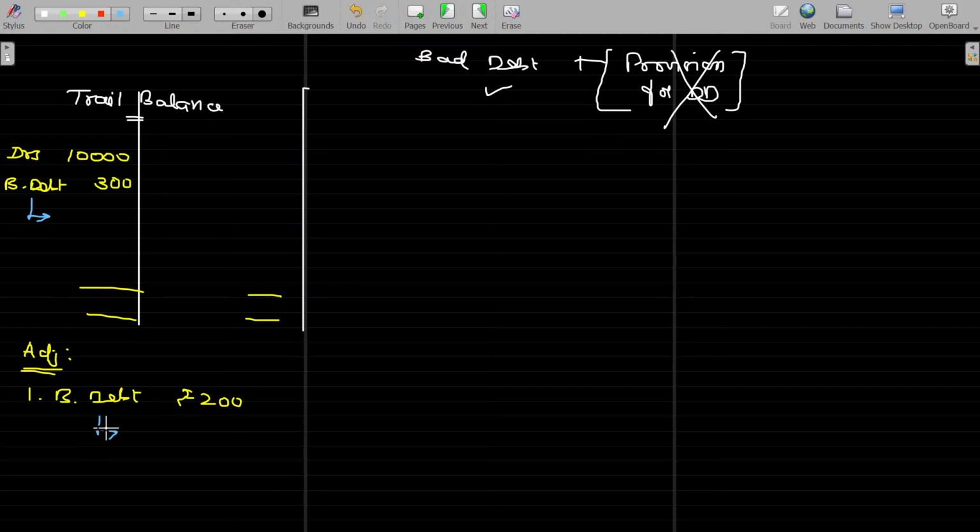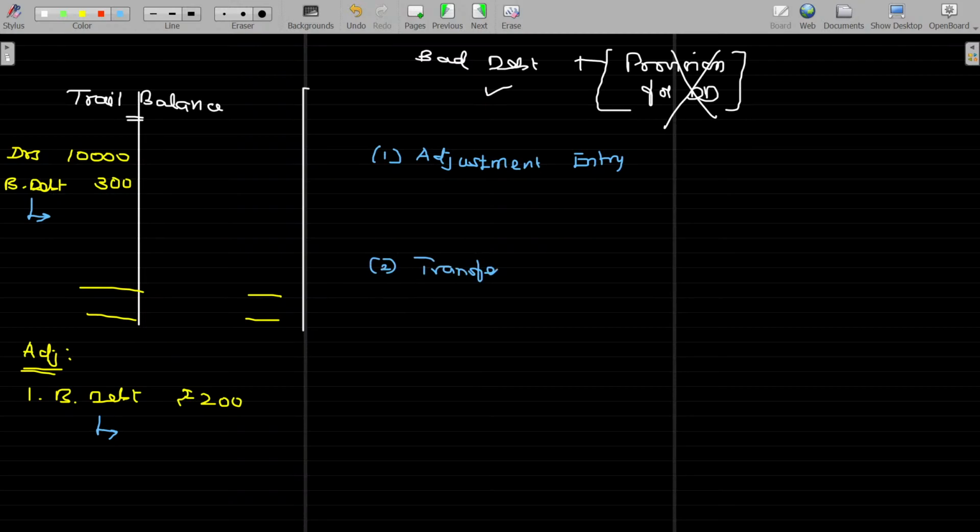Bad debt in the trial balance represents that the adjustment entries are already passed. We usually pass two entries, right? One is the adjustment entry. The second one is the transfer entry.